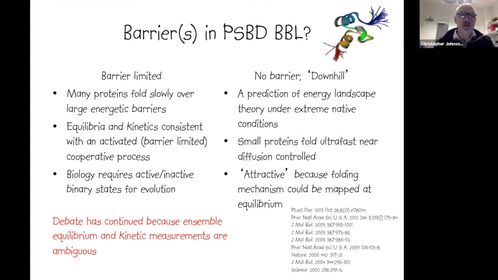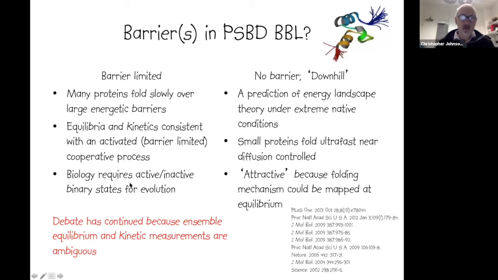The barrier limited argument was supported by observations that many proteins fold slowly and definitely do fold over large energetic barriers. It would only be the very fast folding proteins that would have this particularly unusual mechanism. Equilibria and kinetics were consistent with an activated or barrier limited cooperative process.